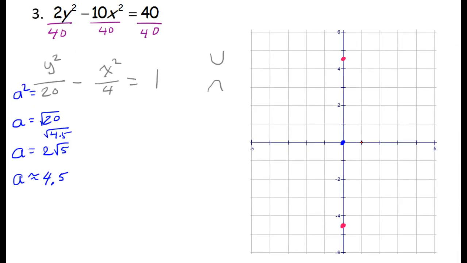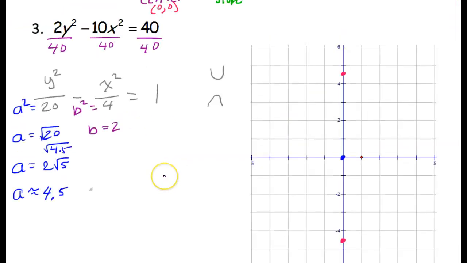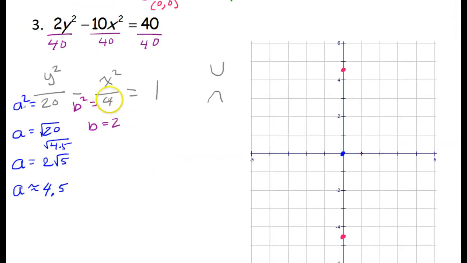Now we need the b value so we can get the co-vertices. The negative denominator is always going to be b squared. So b squared is 4, which means that b is 2. Notice that the 4 is the denominator of the x squared. So I'm going to do my plus or minus 2 in the x direction.